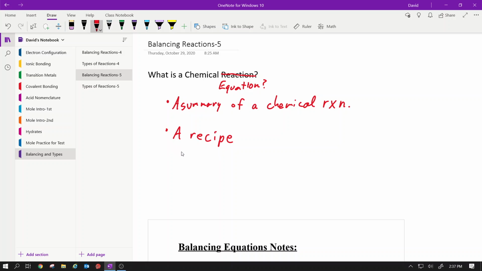So I like to think of it as a recipe, meaning if you add some of this and some of that, you will end up with this or the other. One thing to remember about recipes, if we're going to make chocolate chip cookies, because we know that Mr. Willis likes homemade chocolate chip cookies, you might start with 2 cups of flour, 1 cup of sugar, or whatever, but your primary measurements are going to be cups, half cups, things like that.